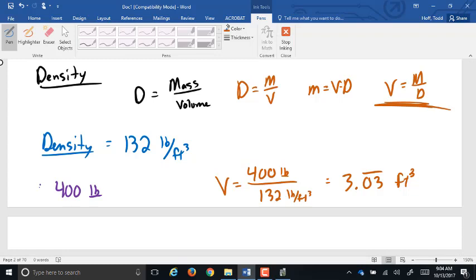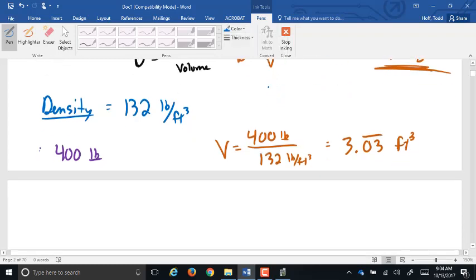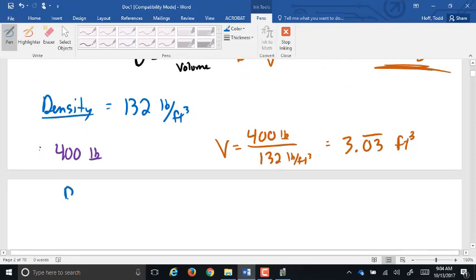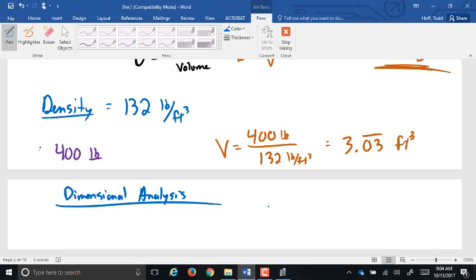Now, I want to talk a little bit while we're here. I think we mentioned it before, something called dimensional analysis. If you haven't noticed yet, I don't memorize a lot of formulas. I mean, I have them memorized, but I don't use them.